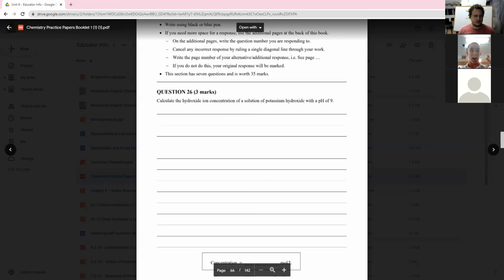Any ideas how to do this one, guys? Okay. So how do we calculate the pH? What do we need to calculate the pH?